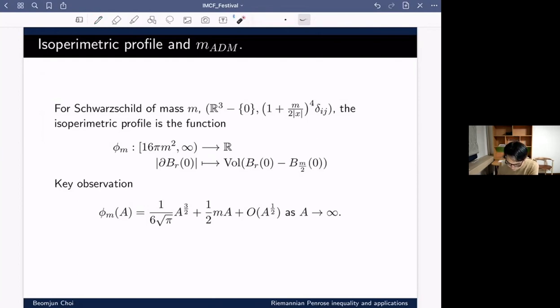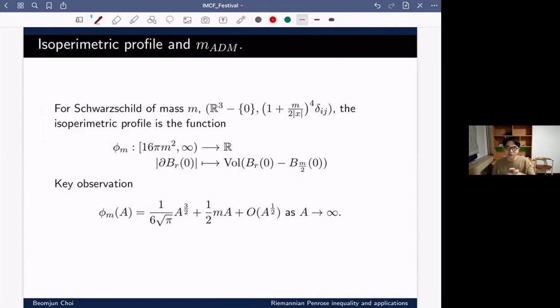To see this relation, one important example is the following. Let's think of the Schwarzschild metric of mass m, as I mentioned before. For a given area A, the question is: what would be the largest volume that a surface of area A could contain in this Schwarzschild manifold?